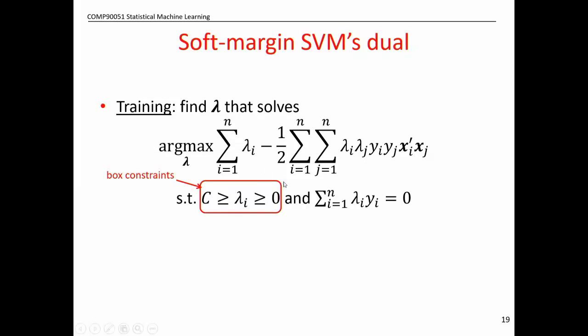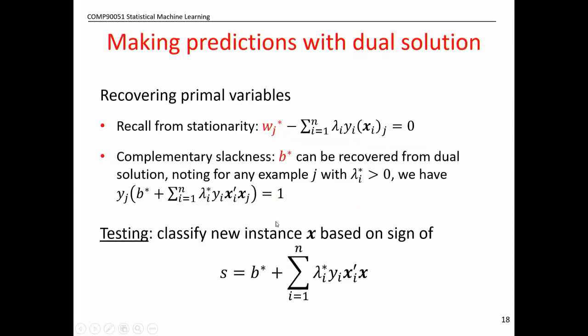So if you think of making predictions like this, lambdas being really big is like saying individual training examples can have lots of influence on this weighted vote. But if I'm constraining the lambdas to all be really small by making C small, no single training example can have a very big influence. And so I'm maximizing margin more.